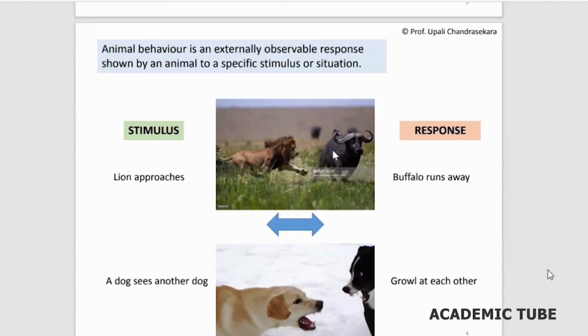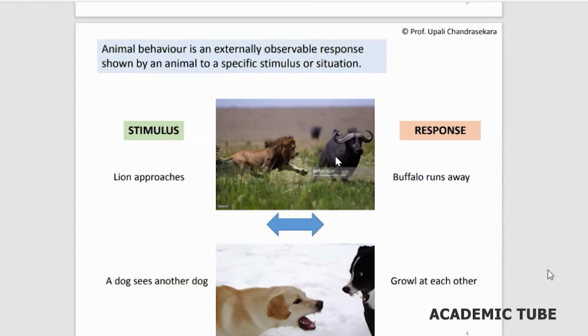That is how, because now the buffalo is the meat for the lion, the buffalo is the food for the lion. So the lion should get the food. Therefore, the buffalo is the stimulus to the lion. And the lion's behavior then is approaching or pouncing at the buffalo.